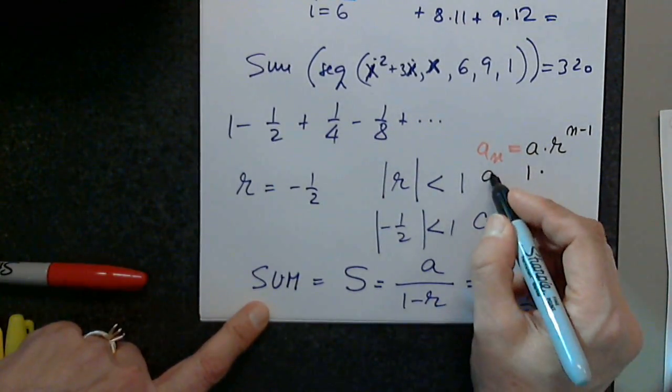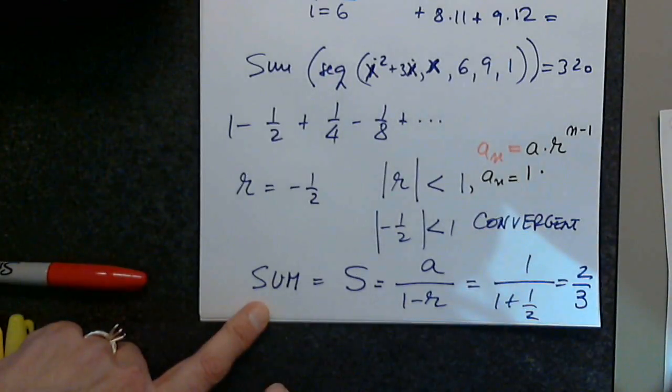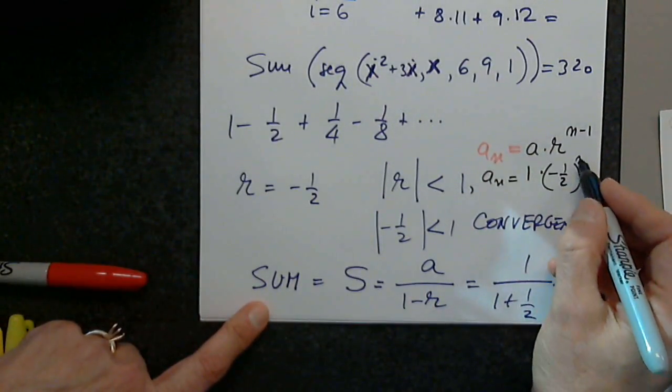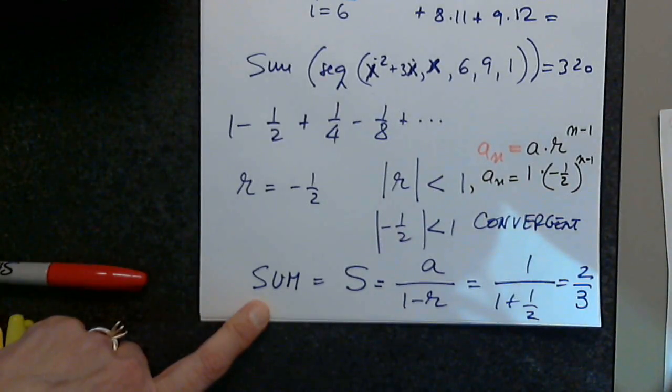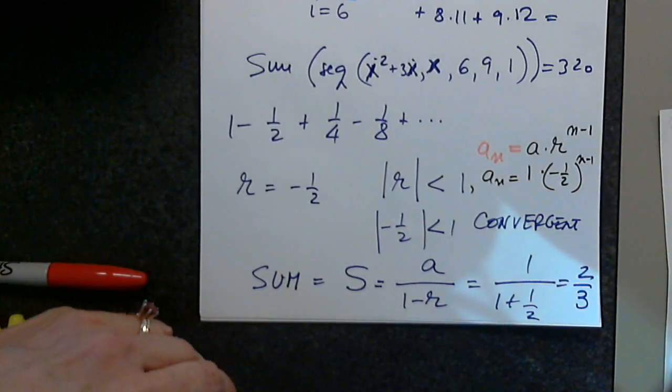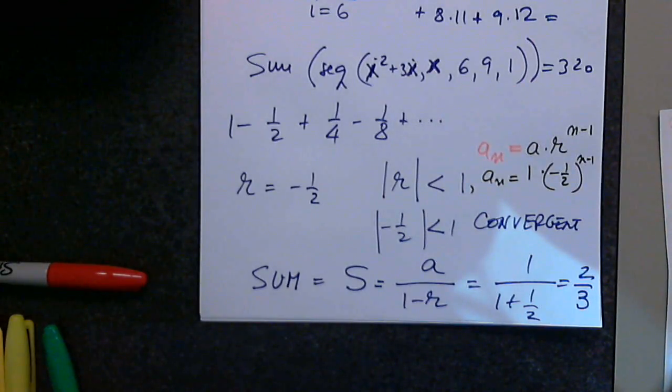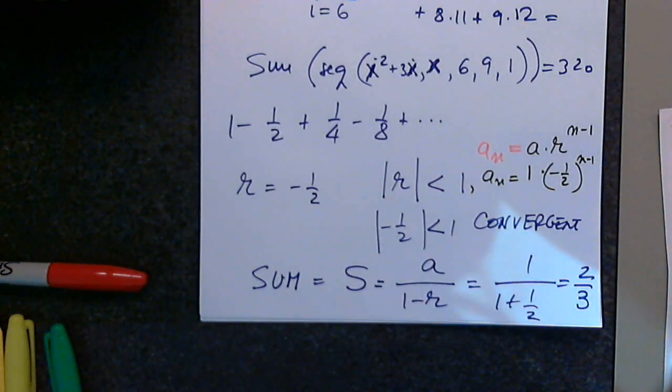Multiplied by negative 1/2 raised to n minus 1. That'll be the nth term of the geometric sequence.